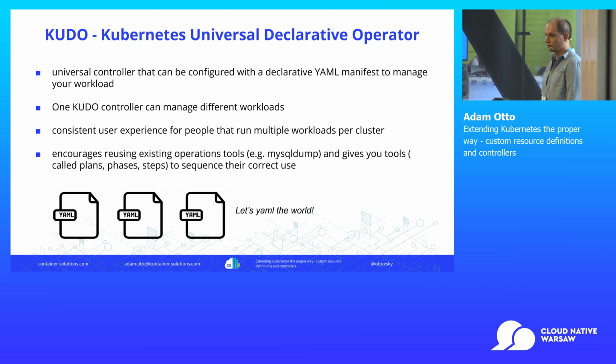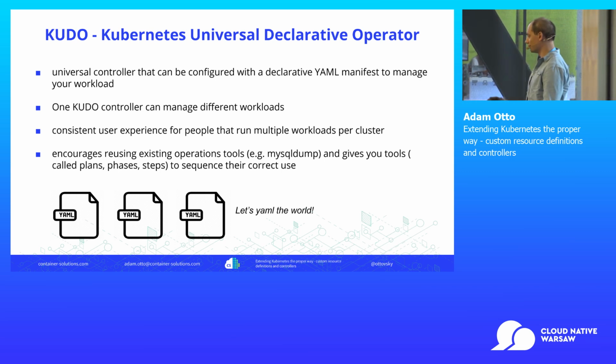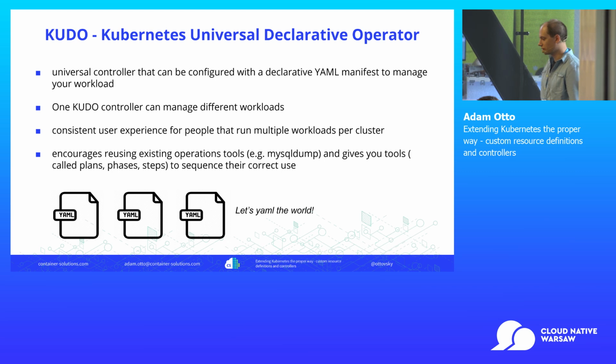We can have one KUDO controller manage multiple workloads, which gives us a simple and consistent user experience if we are running multiple workloads per cluster. It also encourages reuse of existing operation tools like mysqldump, and we can plan how this operation tool should be used by just sequencing the usage in the YAML files.